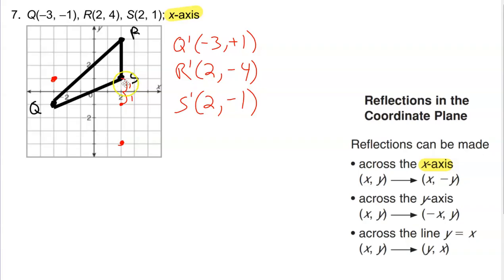And for S, 1 away, 1 to the x-axis, and then 1 away for S prime. And then I connect my dots, and now I have my image.